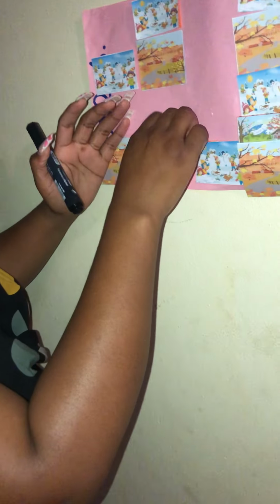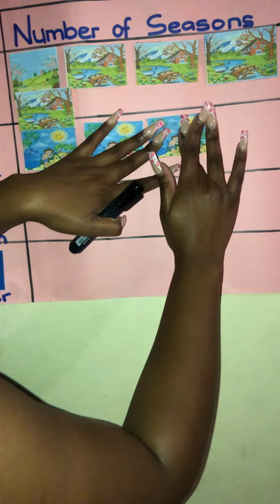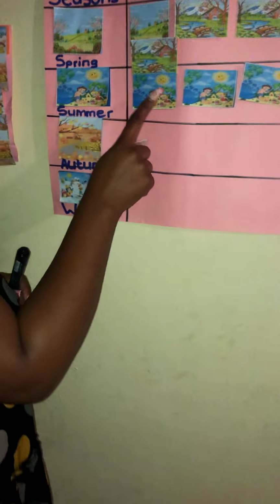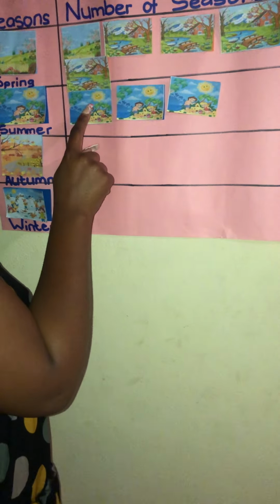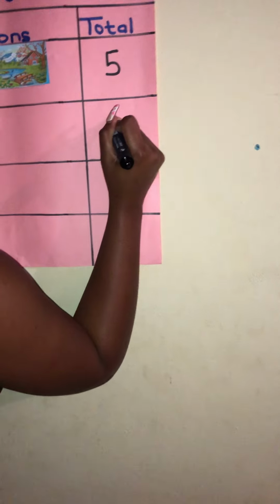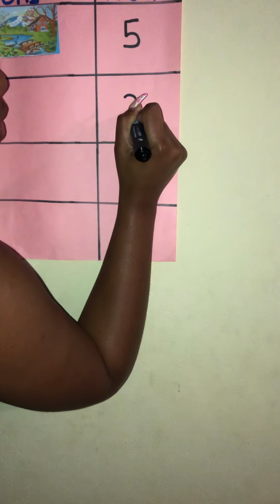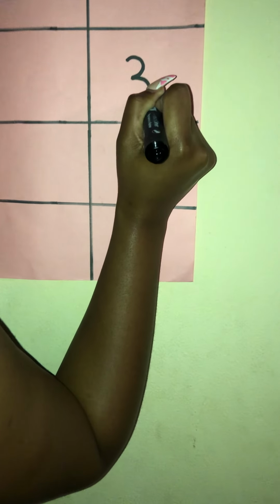Where's the other one? 3. Do we have any more? No, we don't. So we have how many summer seasons? Let us all count. 1, 2, 3. So we have 3 summer seasons. We are then going to write the number down. Number 3. Yes.